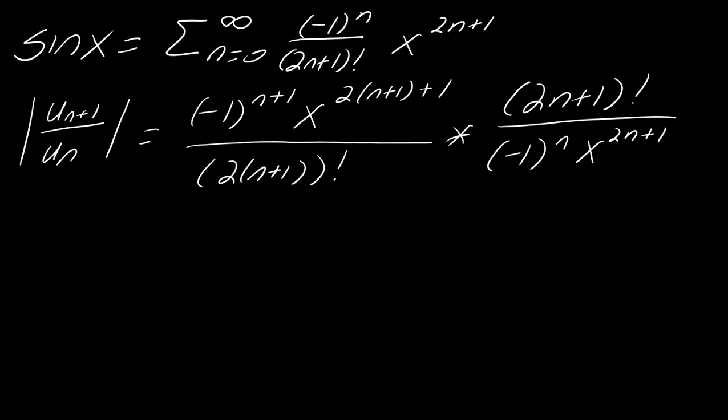All right, so I also want to go ahead and rewrite what this is. So this becomes 2n+2+1, and this becomes 2n+2. So let me just rewrite these.